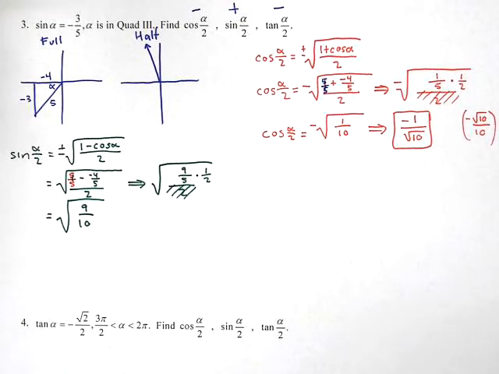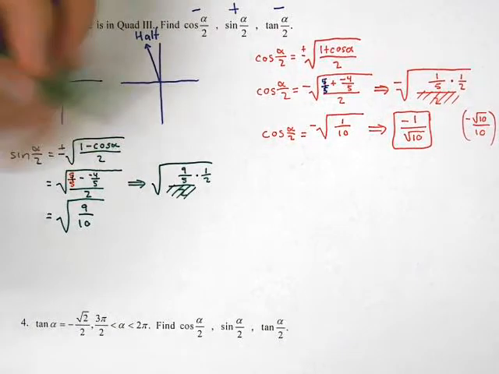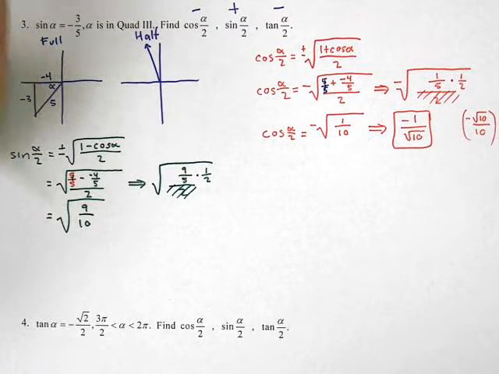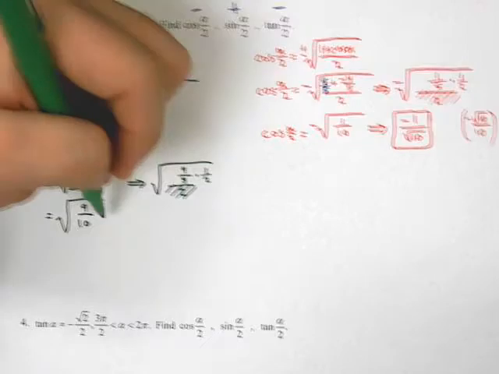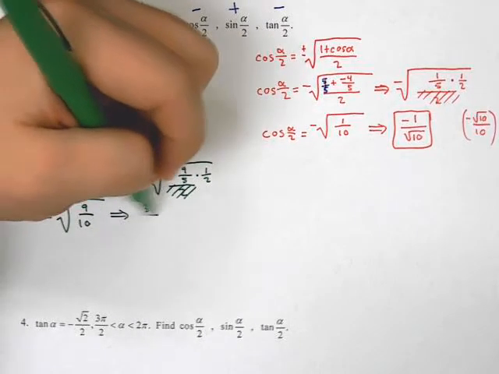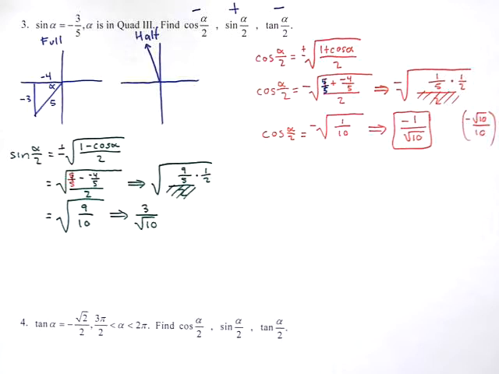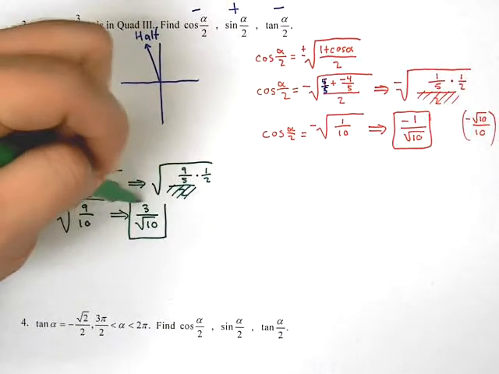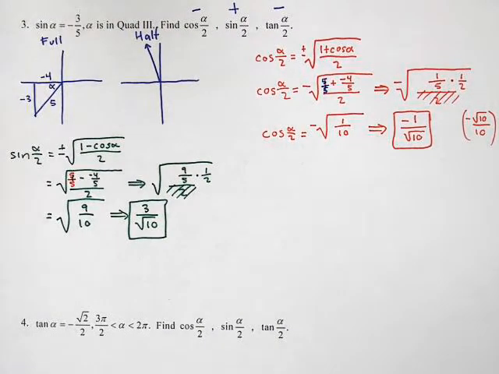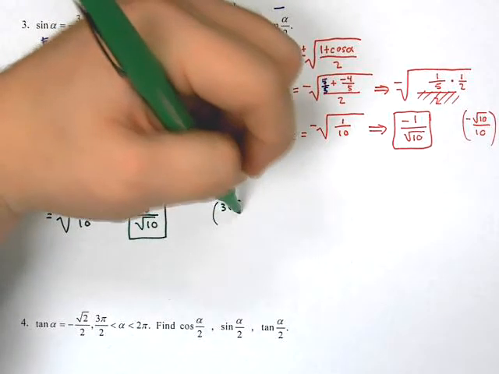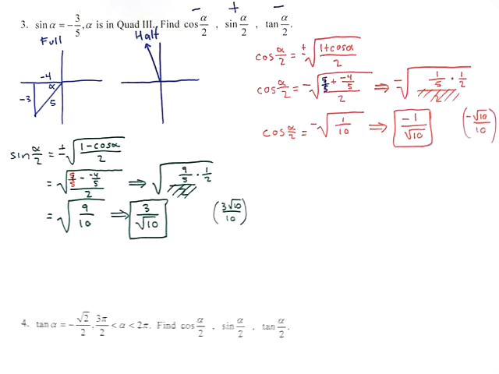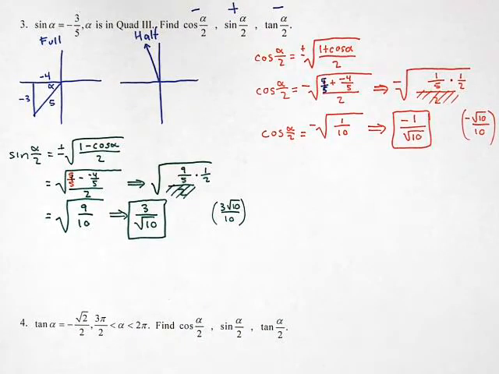Please make sure that you're taking square roots when you can, because 9 is a perfect square. So 3 over root 10. Positive 3 over root 10. Again, for those of you that refuse to stop rationalizing, there you go, 3 root 10 over 10.